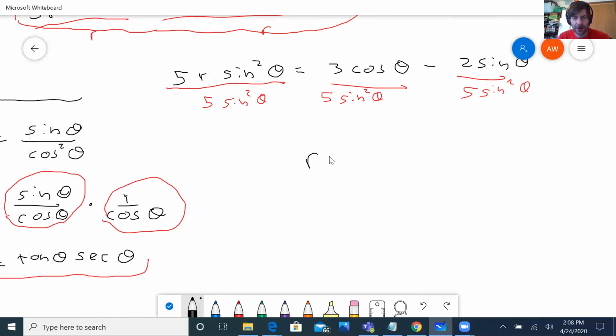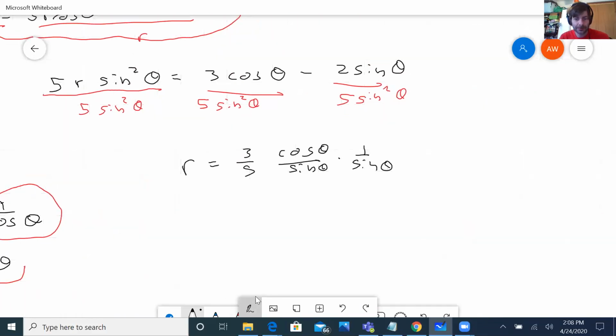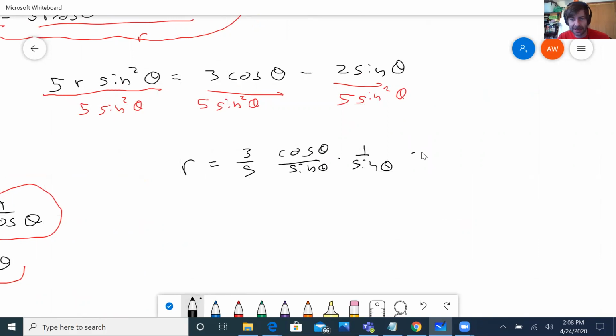Then I get r is 3/5, playing the same trick I played over here, and one of my sines cancel.